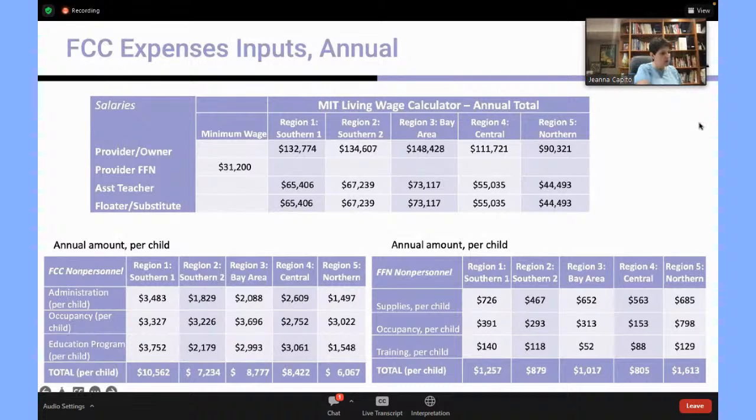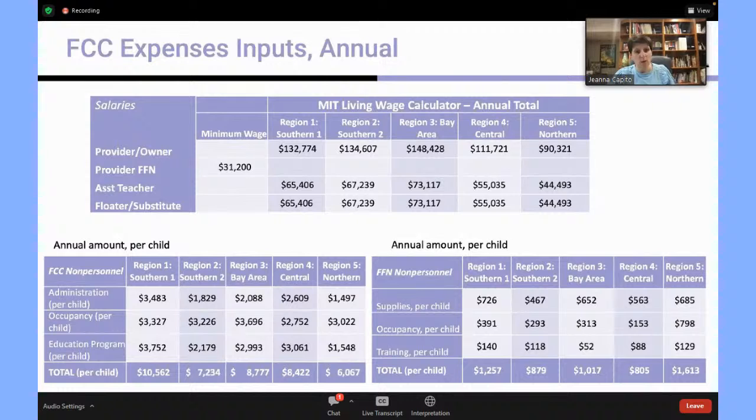Then the next thing that you see is the non-personnel information. And same as what we were just looking at, the non-personnel information is in big buckets. It is per child, an annual amount. And the amount of total non-personnel that comes into play when the model uses this information will depend on the number of children that are served by the program.